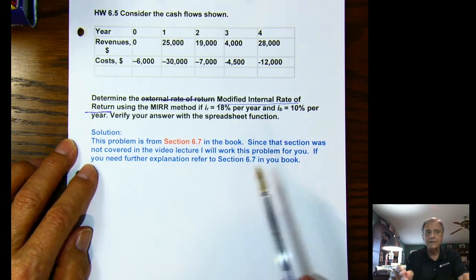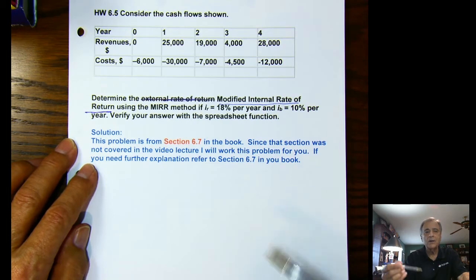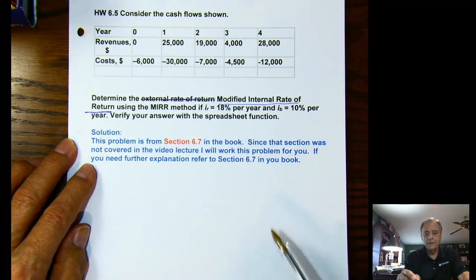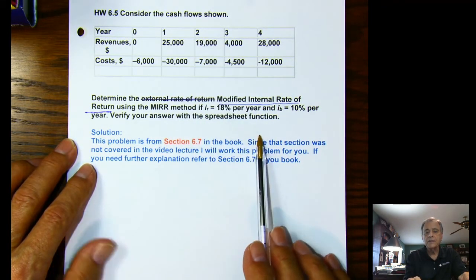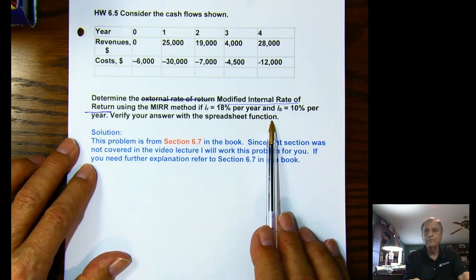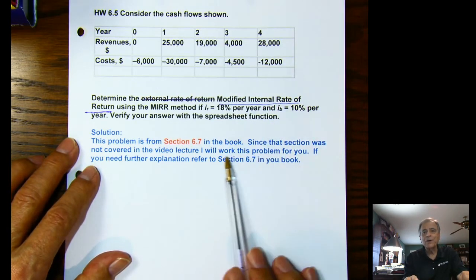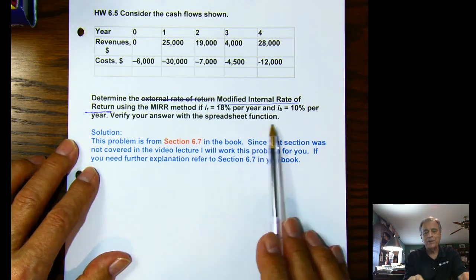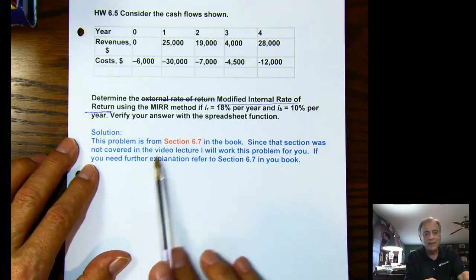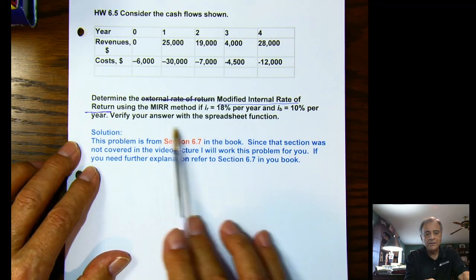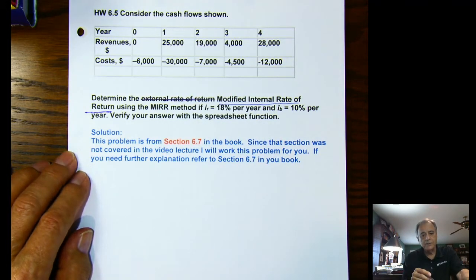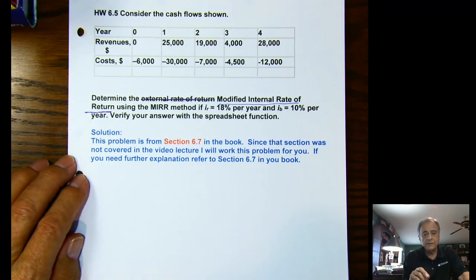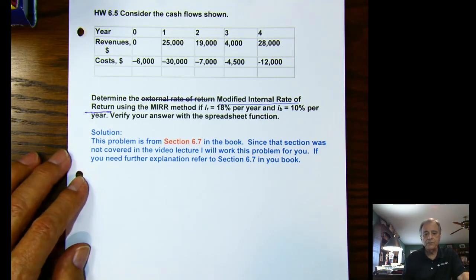Now, we had an internal rate of return we called ROR, and we gave it the symbol I star. The modified internal rate of return is going to be I prime. Remember, the external rate of return was I double prime. Okay, so this is going to be I prime. And then verify your answer with the spreadsheet function. And we can do that also, but let's look at what this method involves.